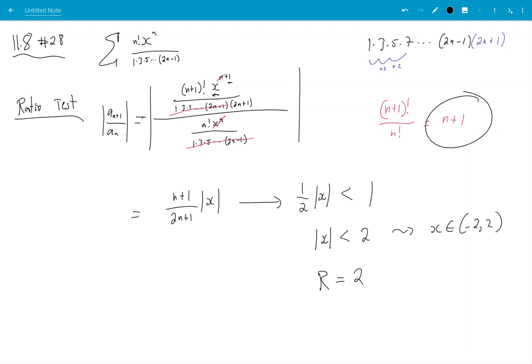And here's my, this is not my interval of convergence yet. I want to check the endpoints, right? Okay, so ratio test can only take us this far. Now we have to plug in the 2 endpoints into our original series and see what happens.